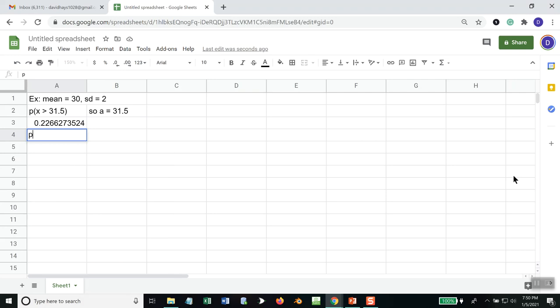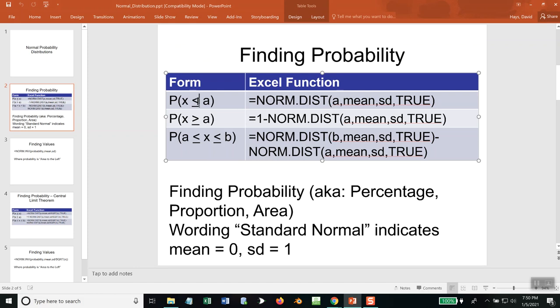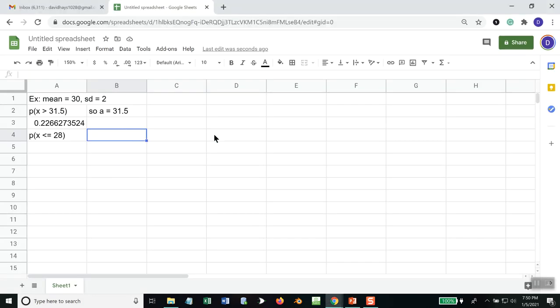Now let's say we want to find the probability that x is less than or equal to 28. That's this first form, less than or equal to. Again, whatever number follows your inequality is your A. So A is equal to 28.